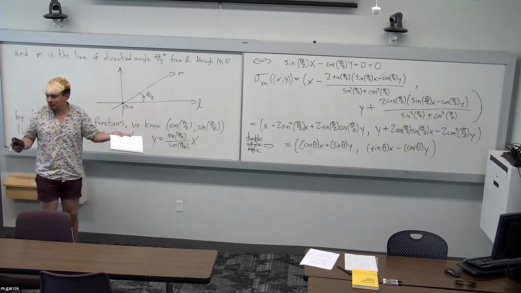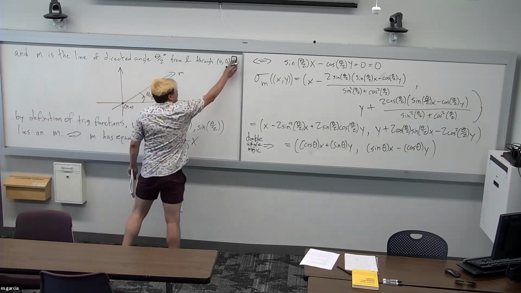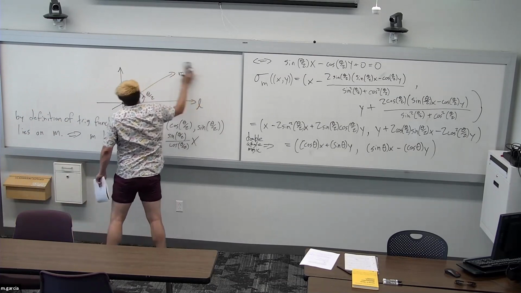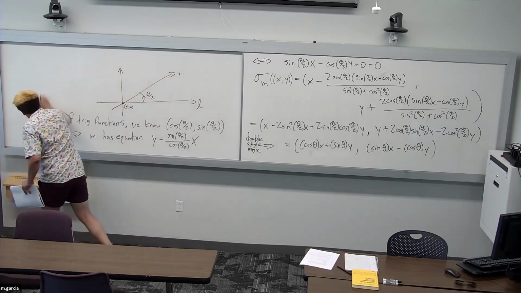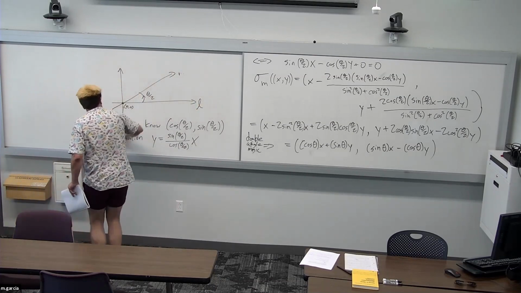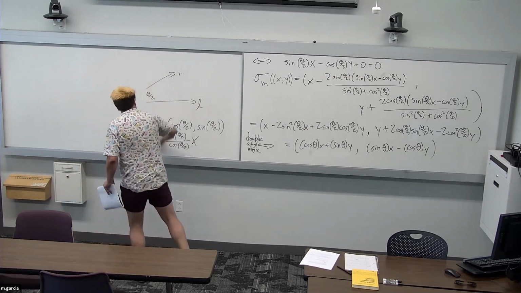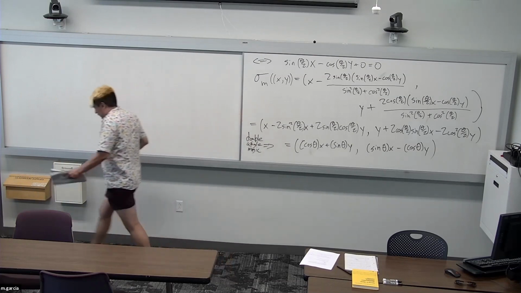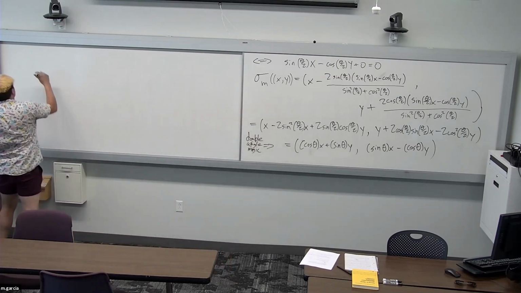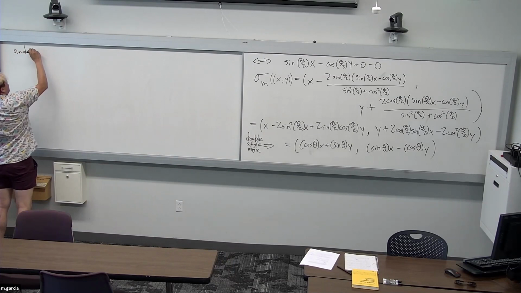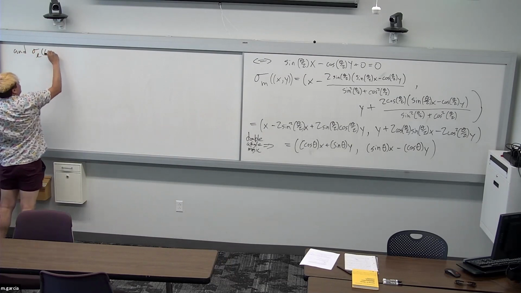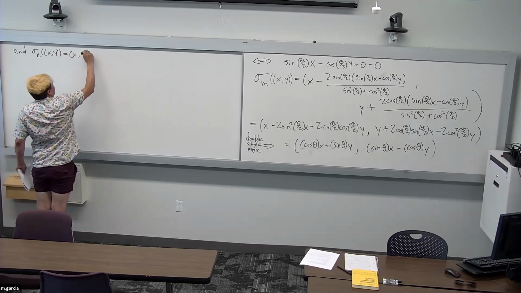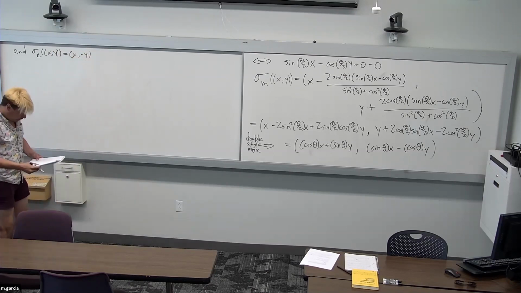That's an easy formula, right? We just negate the second coordinate. And of course, sigma sub L of x comma y is just x comma negative y.